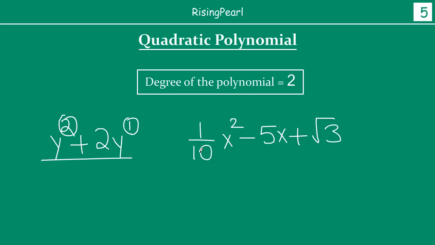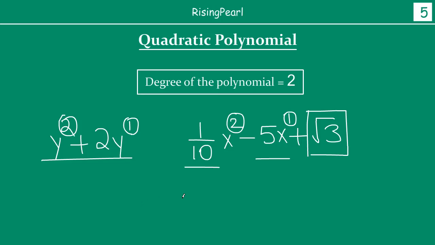This term and this term have the variable, and this is a constant term, right? If you look at the first two terms, here x is raised to power 2, and here x is raised to power 1. So that's why we say this is a polynomial in x with degree 2, because 2 is the highest power to which the variable is raised. And so if it is degree 2, then we say that is a quadratic polynomial. So this is again an example of a quadratic polynomial.